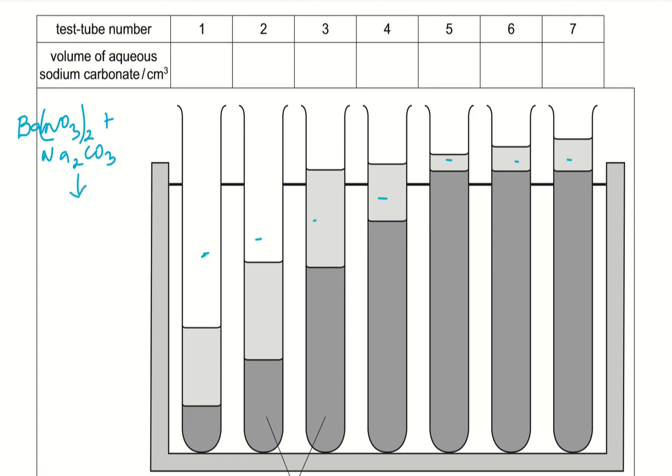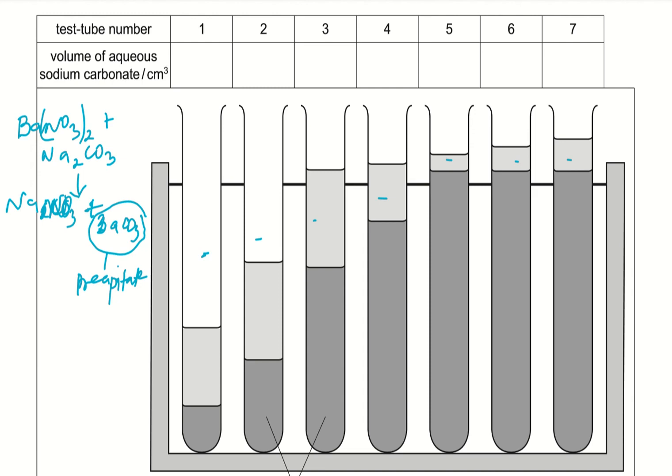When they react together, you have a double displacement reaction, in which the sodium will displace the barium and form sodium nitrate. Sorry, my formula was wrong. Sodium nitrate plus barium carbonate. Barium carbonate is the insoluble salt here that forms the precipitate whose height you are trying to measure. Okay, that's basically the chemistry behind this particular experiment.